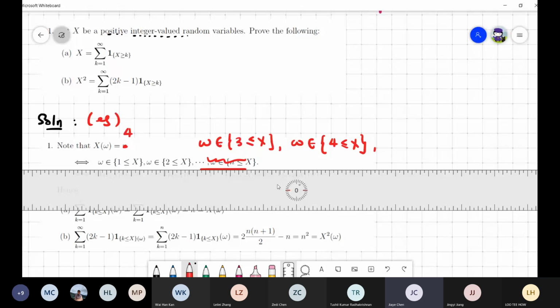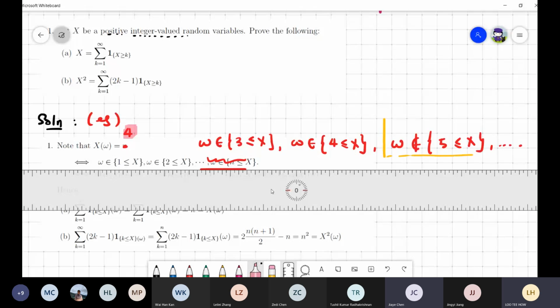When this is 4, we have this. After that, omega will not belong to this, because X of omega is 4, so it does not belong to this anymore. So we stop here and forget about all those things. When we take n is 4, omega only belongs to 1, 2, 3, 4 of them.